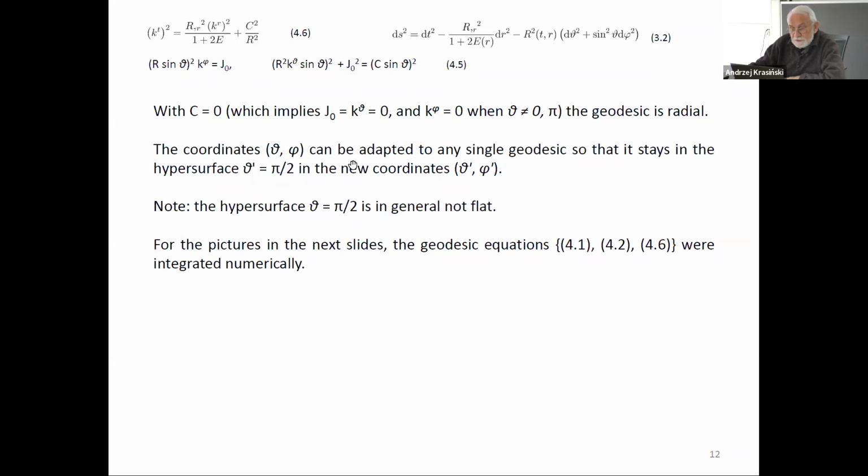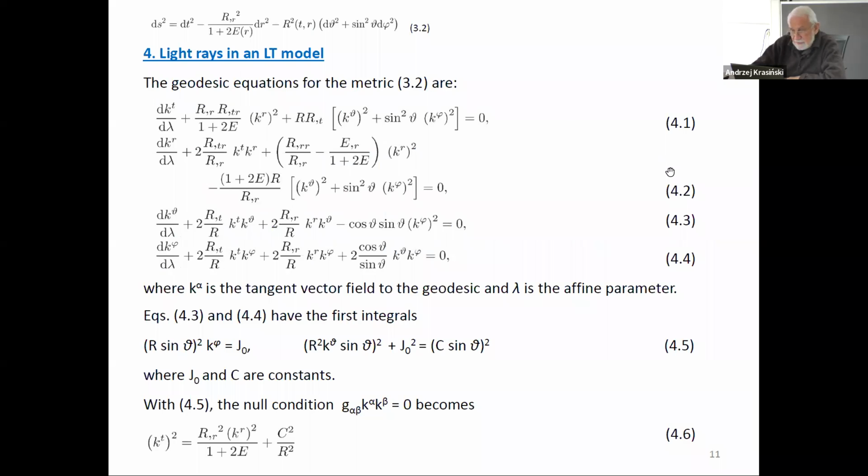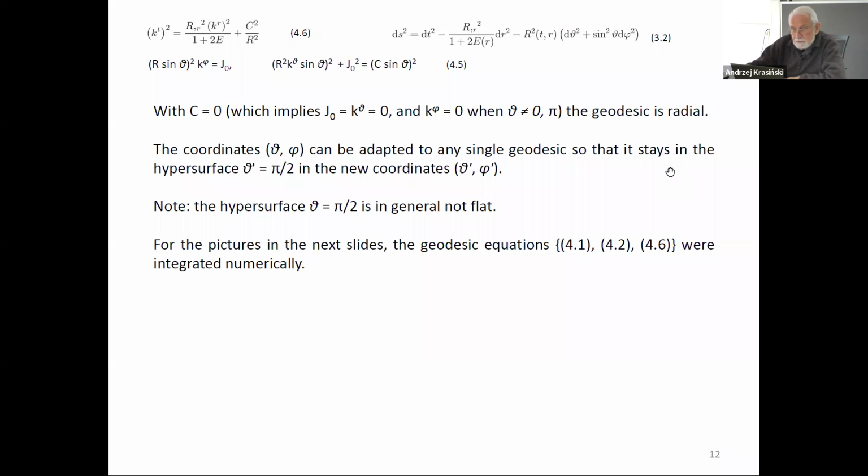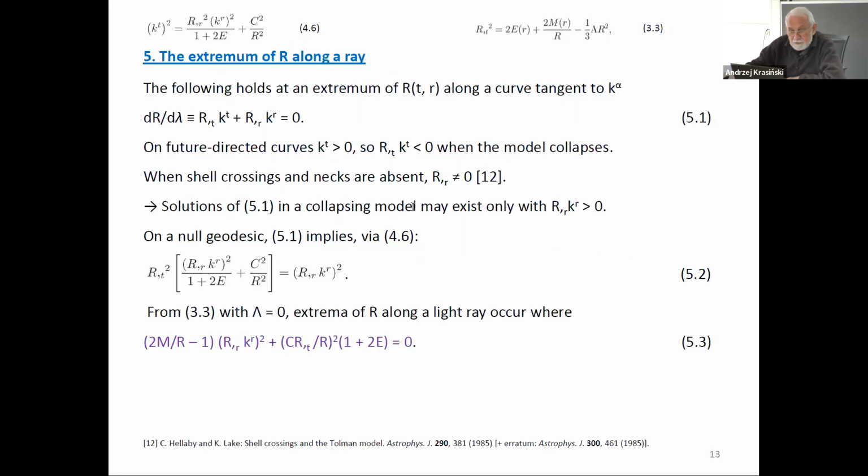Now, these two coordinates can be adapted to any single geodesic in such a way that the geodesic stays always in the hypersurface of theta equal to pi half in the new coordinates. But this hypersurface is in general not flat. Okay, and for the pictures that I will show you later, the geodesic equations were integrated numerically.